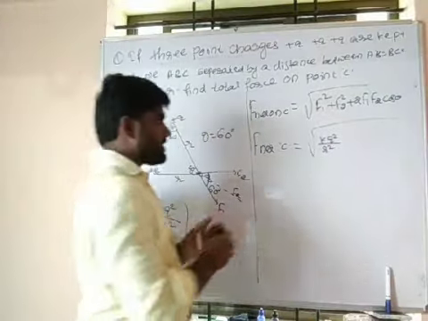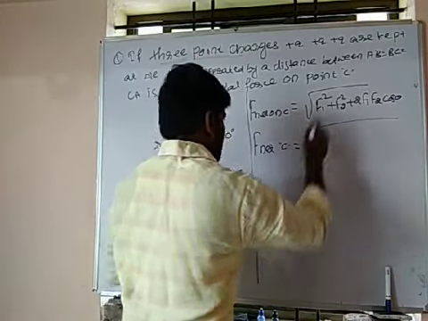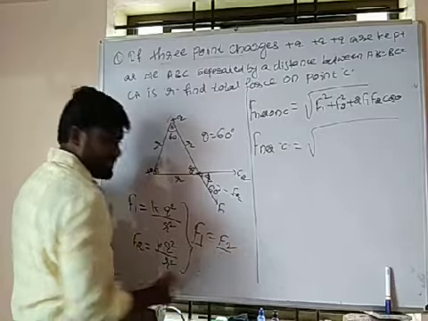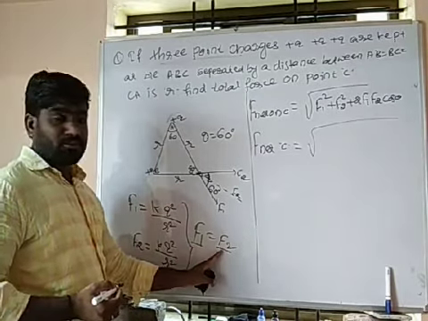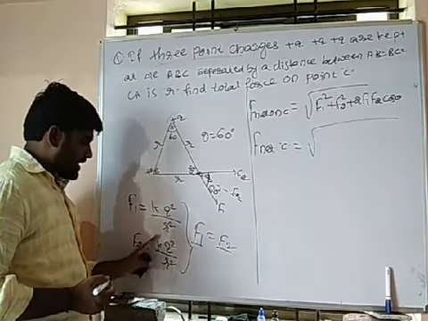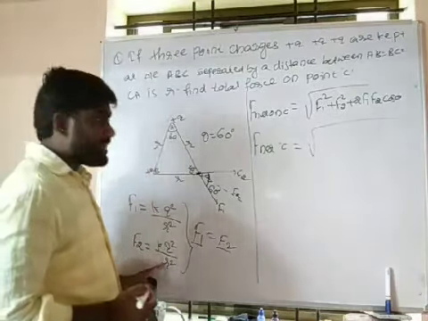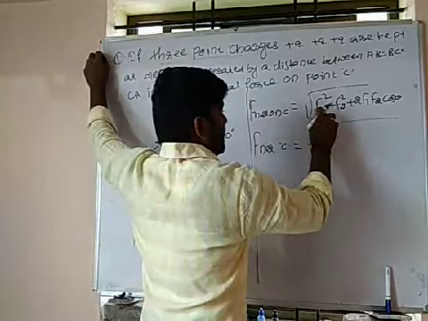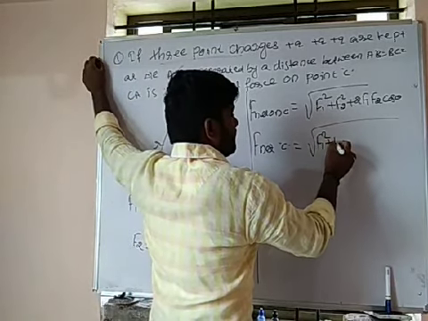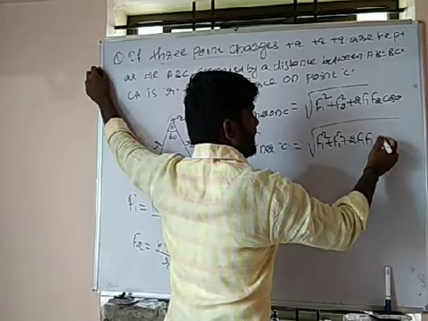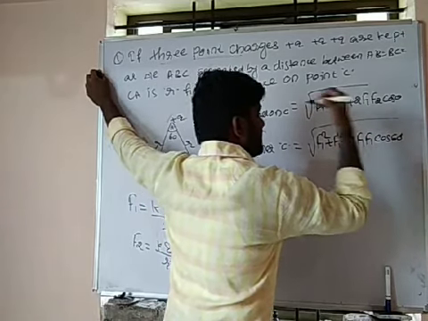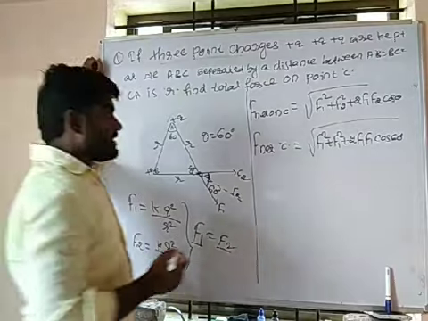Or else you may write like this also. So what should I tell here? F1 is equal to F2. So shall I put F1 is equal to F2? Because both are same. KQ square by R square, again KQ square by R square. Then F1 square plus again F1 square plus 2 F1 again F1 cos 60 degree. Okay, cos 60 degree.